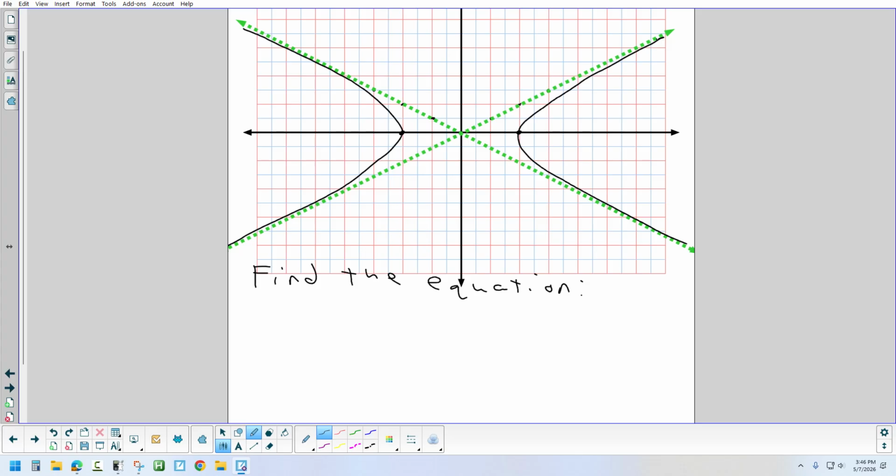Well, we're going to use that to find the slope in a little bit. But we know that it's always equal to 1.